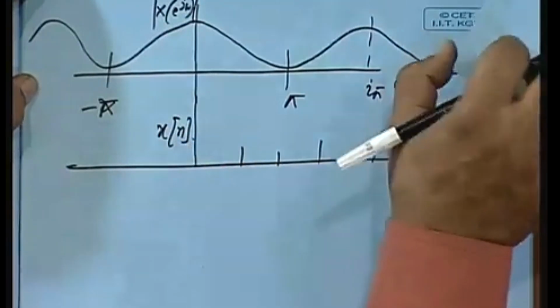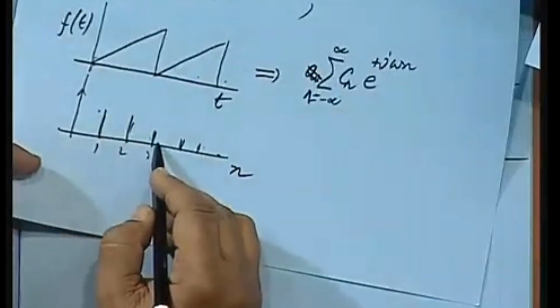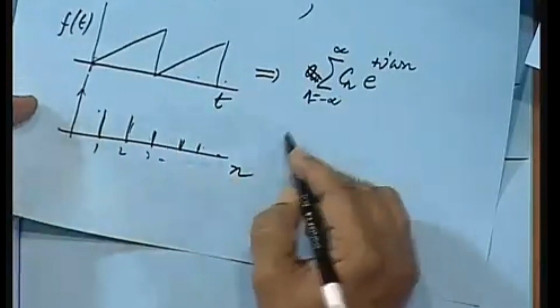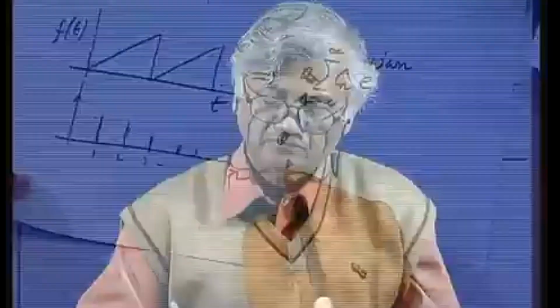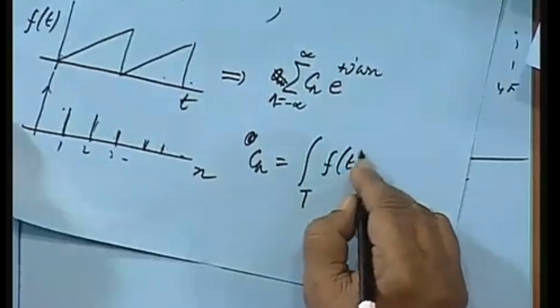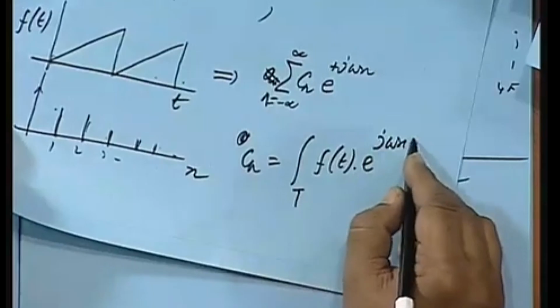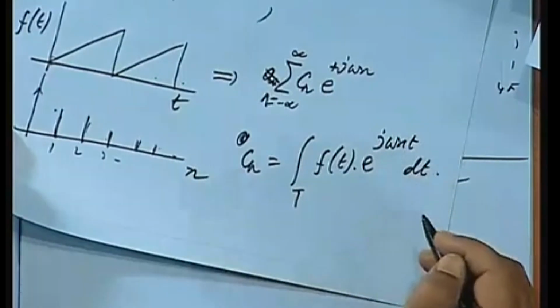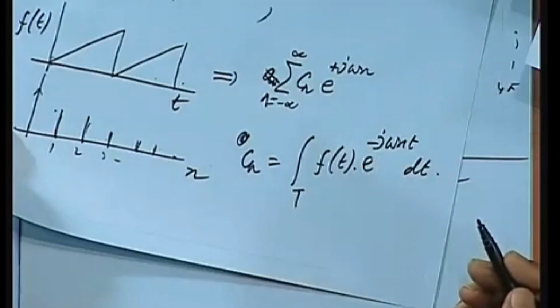All right. How did you compute these magnitudes in the normal Fourier series? You integrate, say, the ai's and bi's. How did you compute them? Or the complex Cn? Integration over one period, the function ft, then e to the power plus j omega n t dt. Was it plus or minus? Minus. Okay.